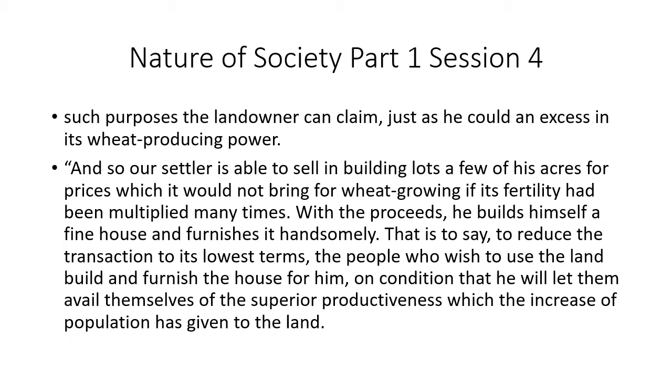With the proceeds, he builds himself a fine house and furnishes it handsomely. That is to say, to reduce the transaction to its lowest terms, the people who wish to use the land build and furnish the house for him, on condition that he will let them avail themselves of the superior productiveness which the increase of population has given to the land.